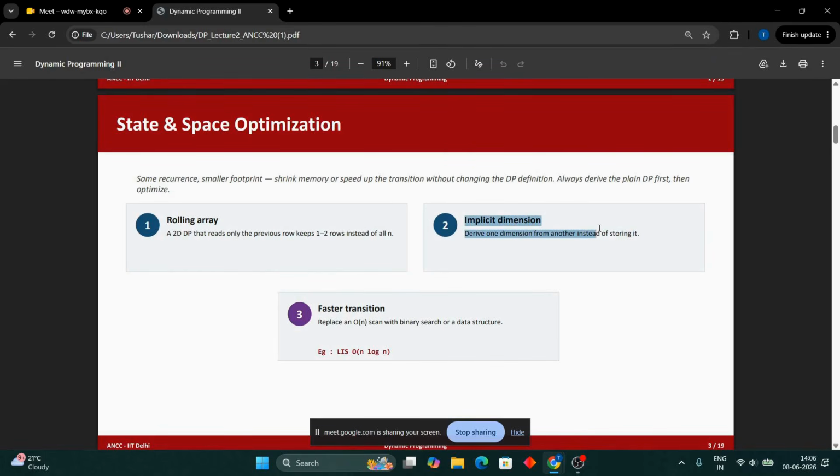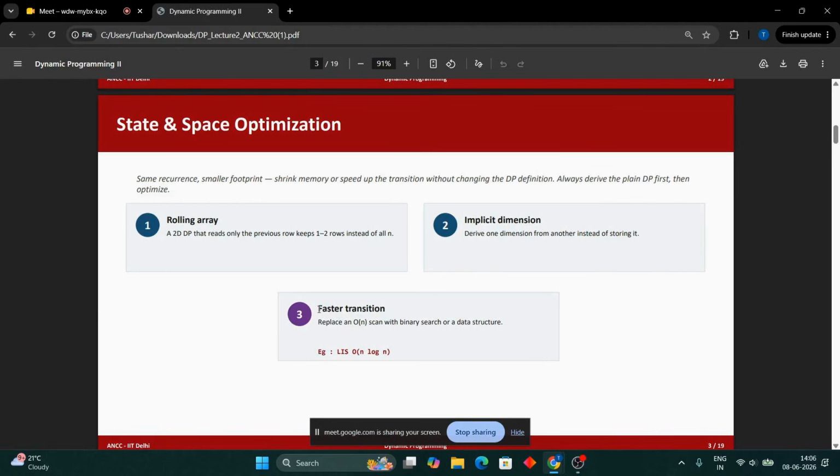The main idea is that if a DP state has k parameters and those k parameters are somehow dependent or can be related through some equation, then there is no point in having a state of k dimensions. We can rather have a state of k minus 1 dimensions and we can implicitly get the kth parameter using the k minus 1 parameters of the state. We'll see this more through a problem.